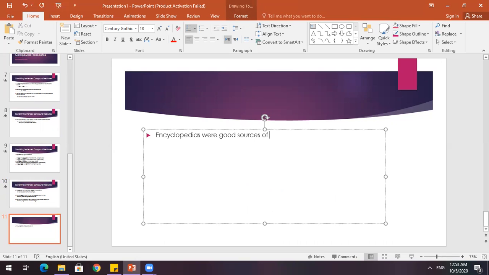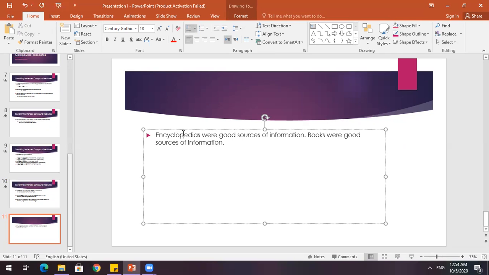Encyclopedias were good sources of information. Books were good sources of information. All right, if you would like to combine these two sentences, first let's see what we are combining. So here we have the same predicate.